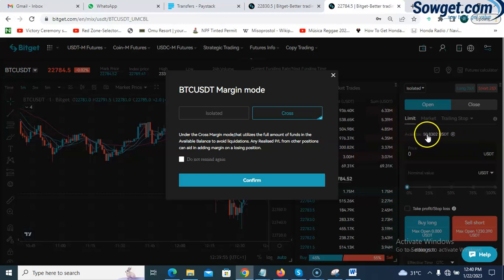You can see my balance here is 50 USDT that I transferred from my spot wallet. So if you are using cross margin, be aware that the collateral is covered by the available balance you have, not just the margin that you allocated for that particular trade.